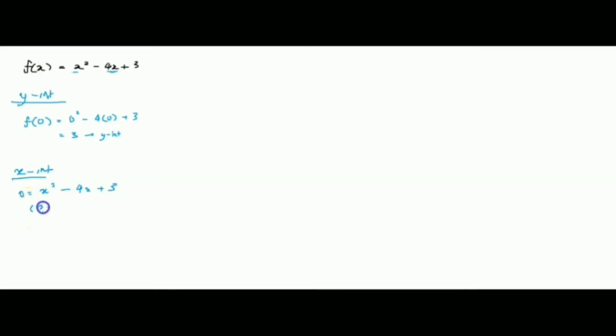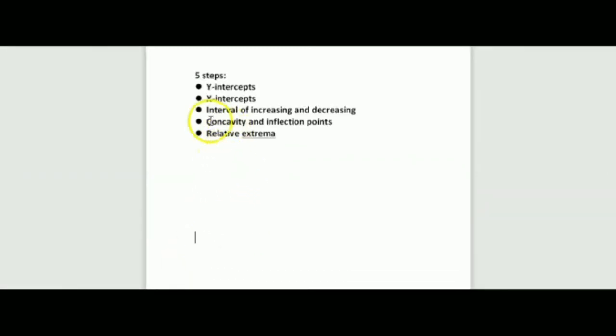So we will get x minus 1 and x minus 3 equal to 0. Now we will get the points of the x-intercepts, which is x is equal to 1 and x is equal to 3.